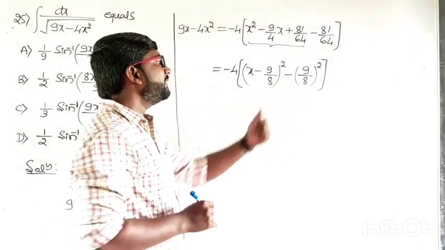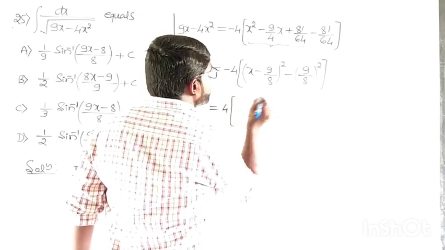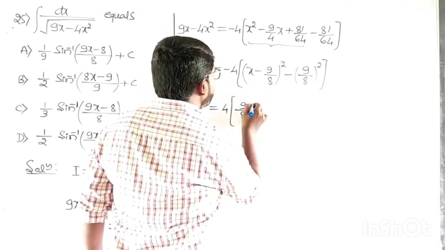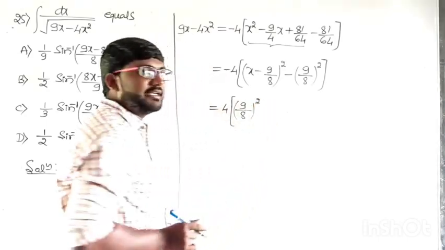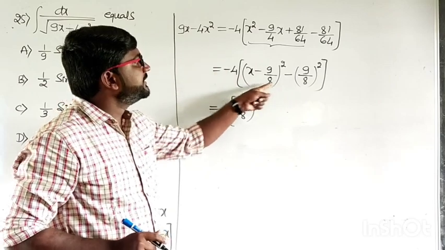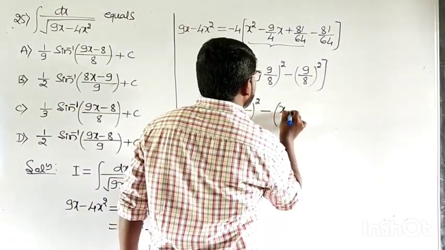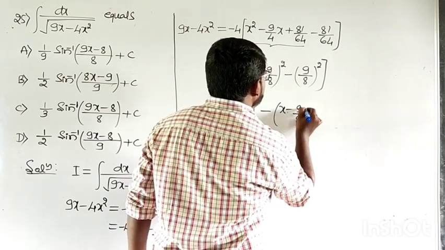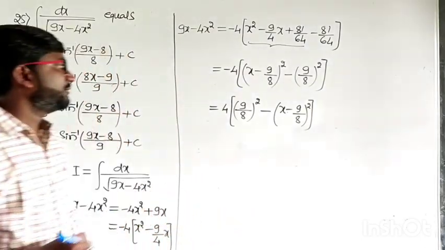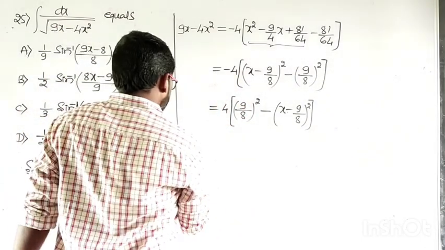Minus into minus is plus (9 by 8) the whole square. So I am writing 4 as it is, then multiplying this minus with these two terms, and we get minus (x minus 9 by 8) the whole square. So now we have to replace 9x minus 4x square with this particular term.